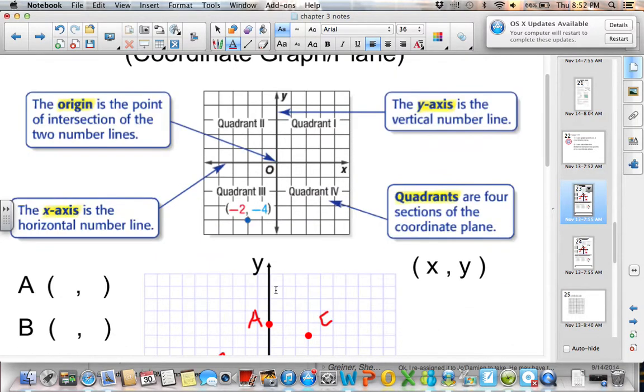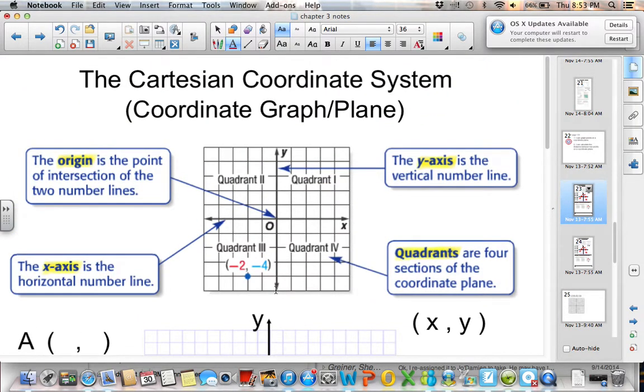So as you've learned in the past, in 6th grade and probably even before, about graphing points on a plane or a coordinate graph, or sometimes called a coordinate grid. If you remember the parts of our grid, the x and y axis are the lines running through it.